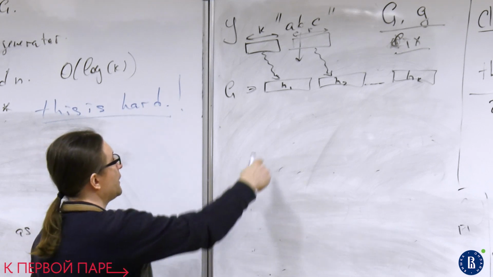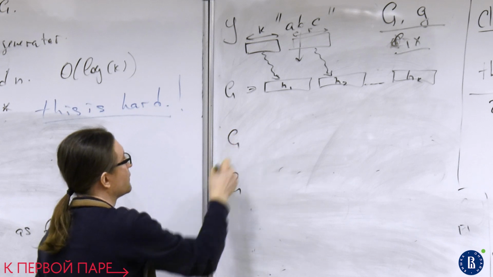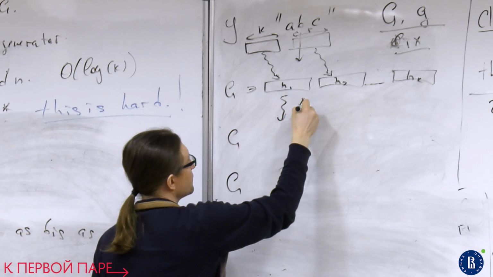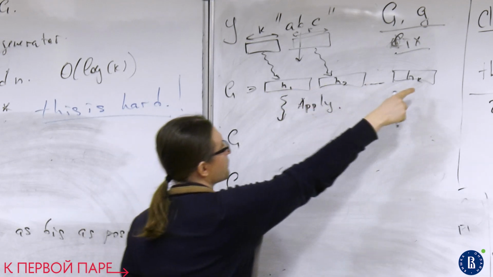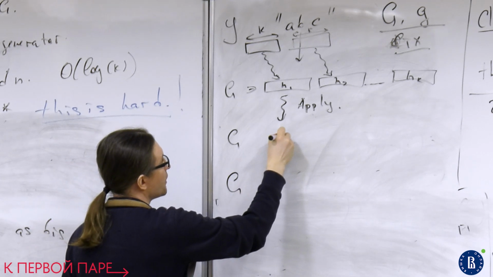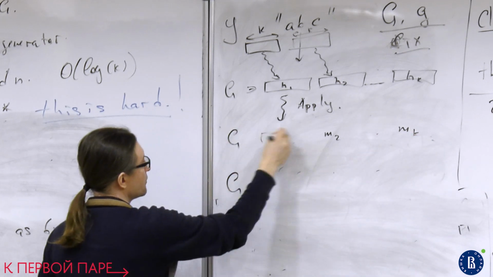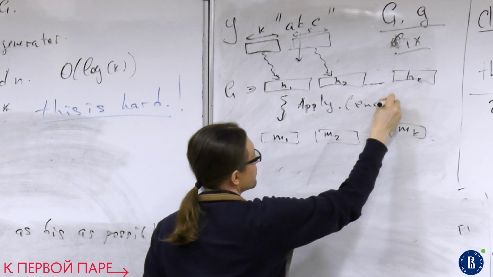But now, if you want to encrypt information, you can apply some algorithm here and change this sequence of elements of the group G into another sequence, let's say M1, M2, and so on, Mk. And this is your encryption.